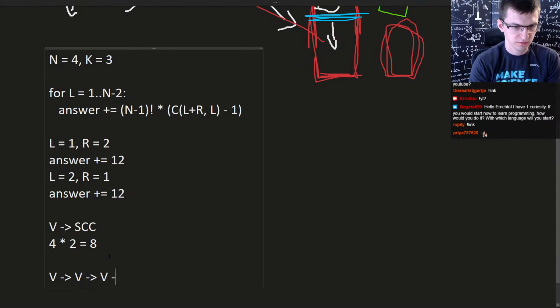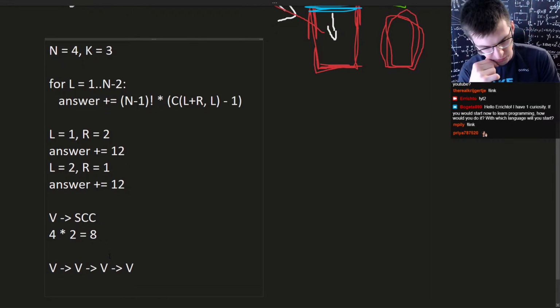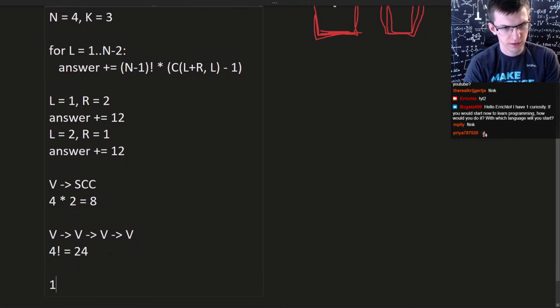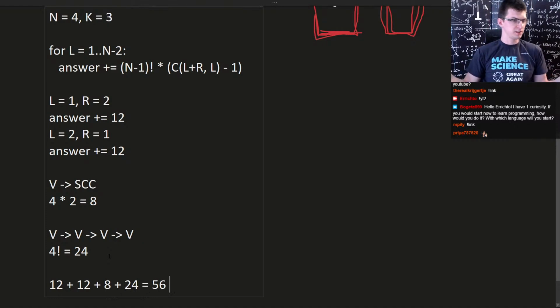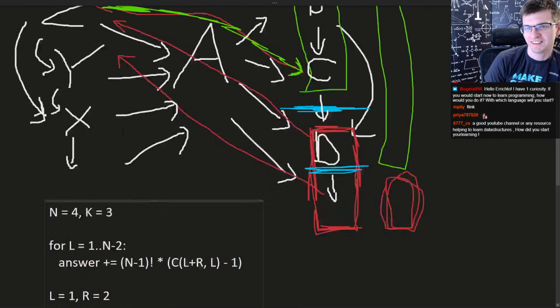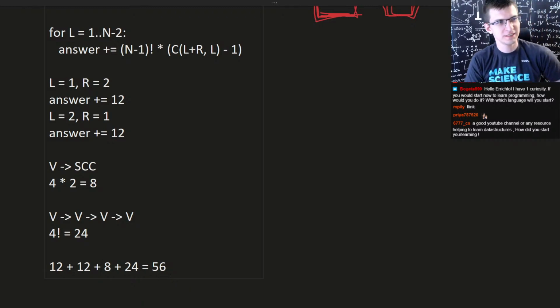And there is also a case like this one, and that's 4 factorial. That's 24. And we got 12 plus 12 plus 8 plus 24. 56. Working for n equal to 4 doesn't mean a lot. It's a very small test. But it's promising.